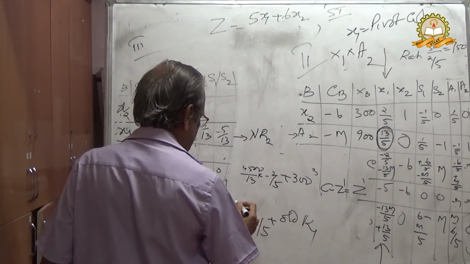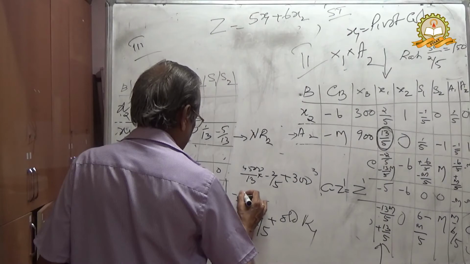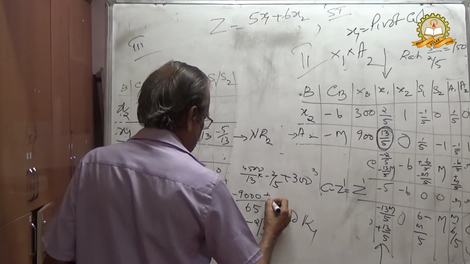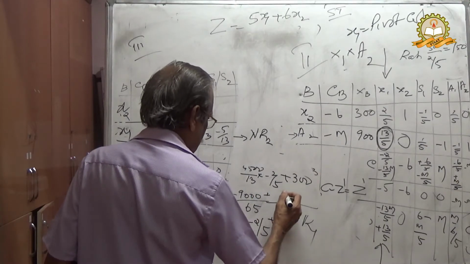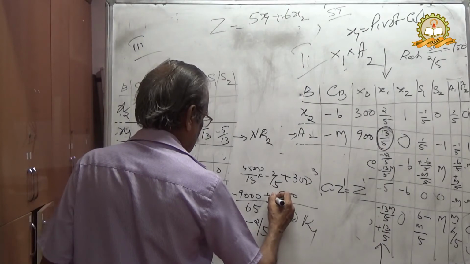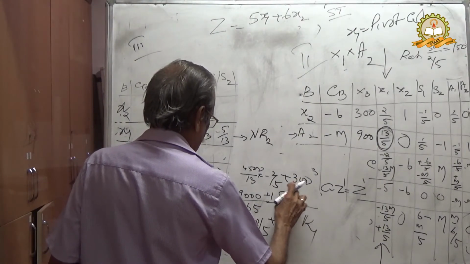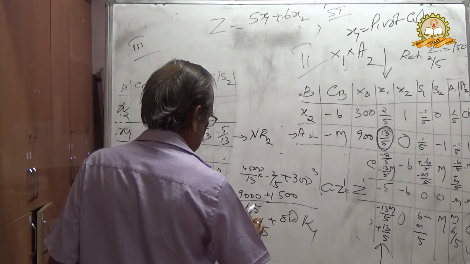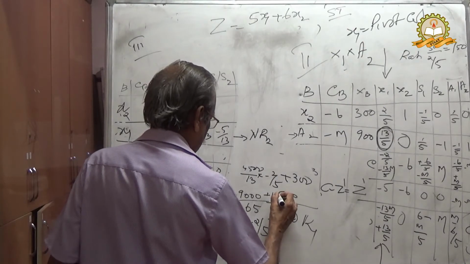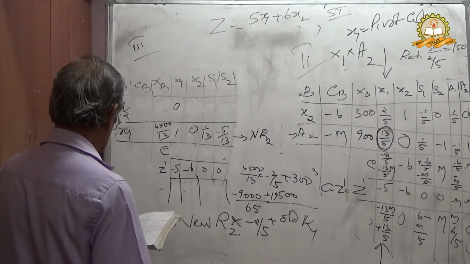So you take the LCM as 65. You have minus 90 plus 65 into 3.